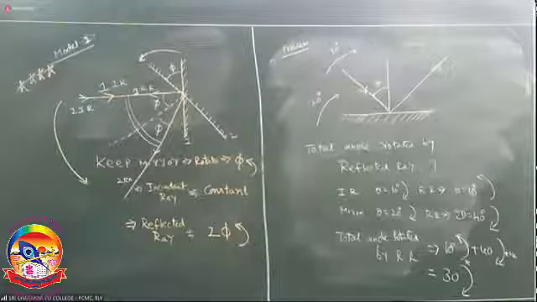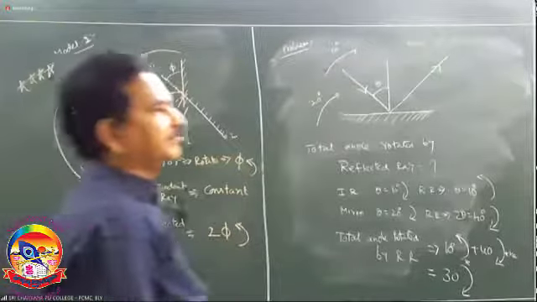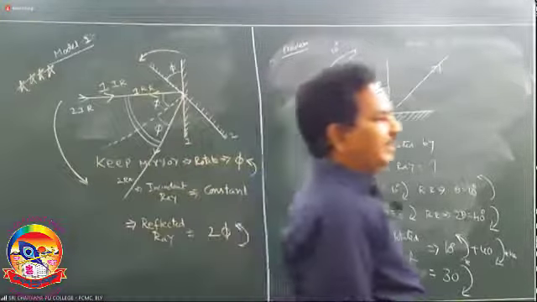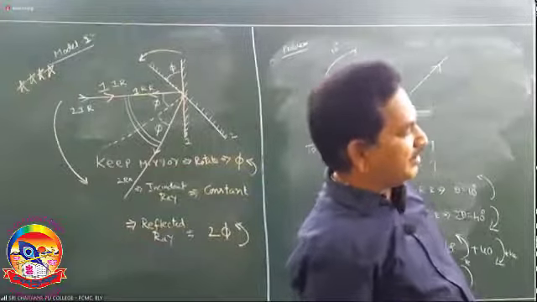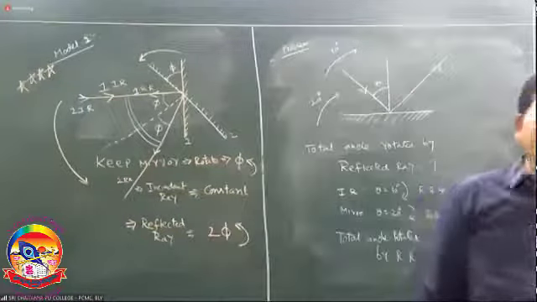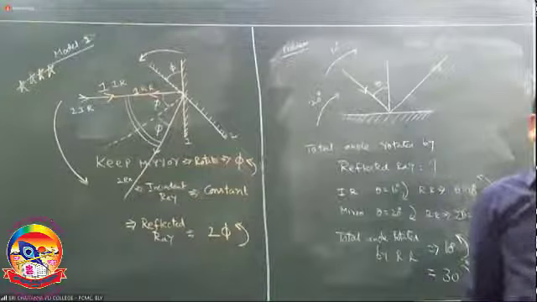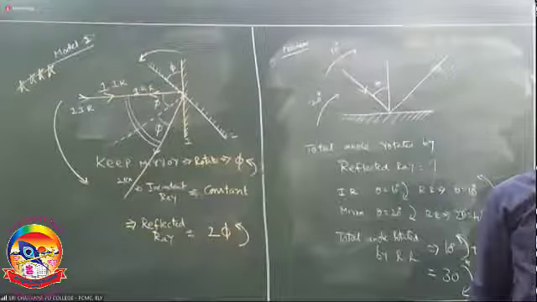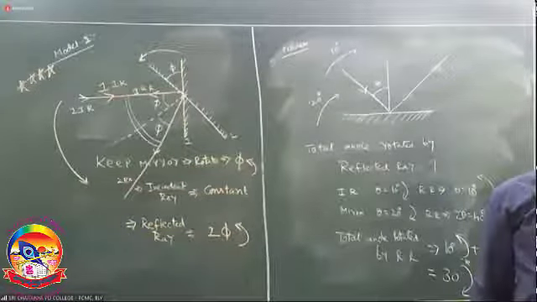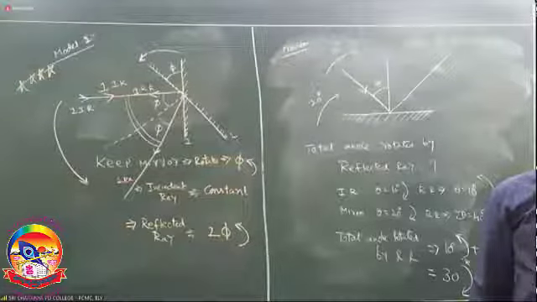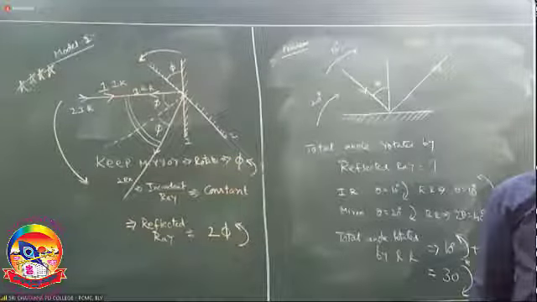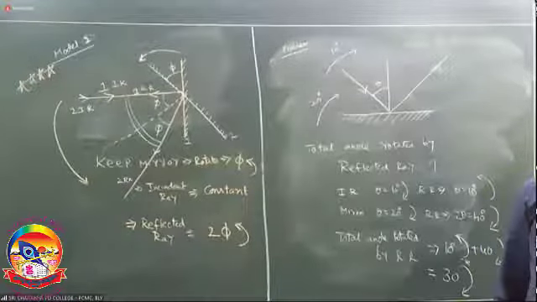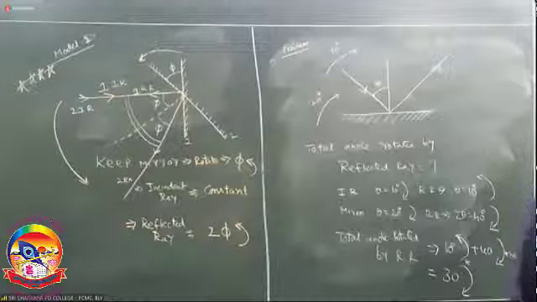So today what we studied? We studied how to find out the rotation of the reflected ray if the mirror is at rest, and if the mirror is in motion. First, the incident ray rotates keeping the mirror constant. Next, the incident ray is constant and the mirror is rotated.